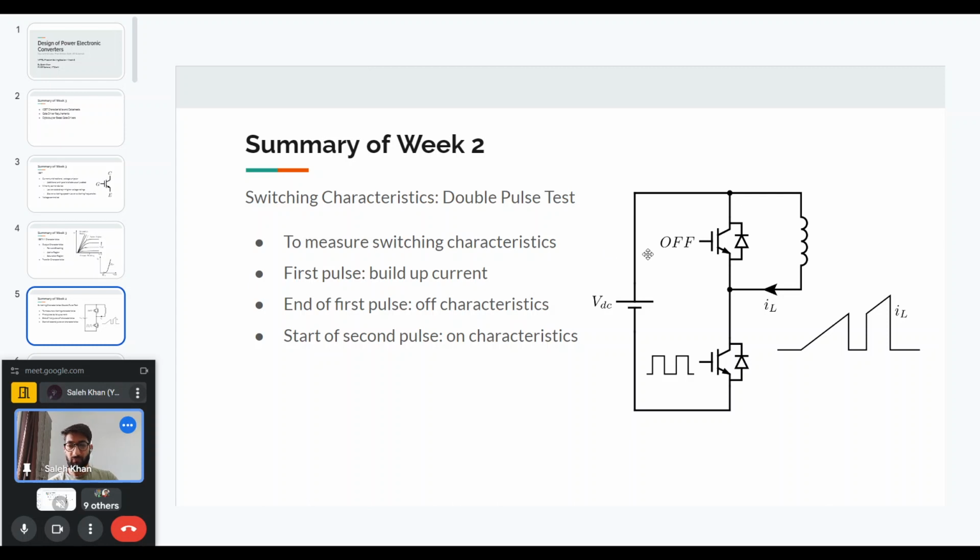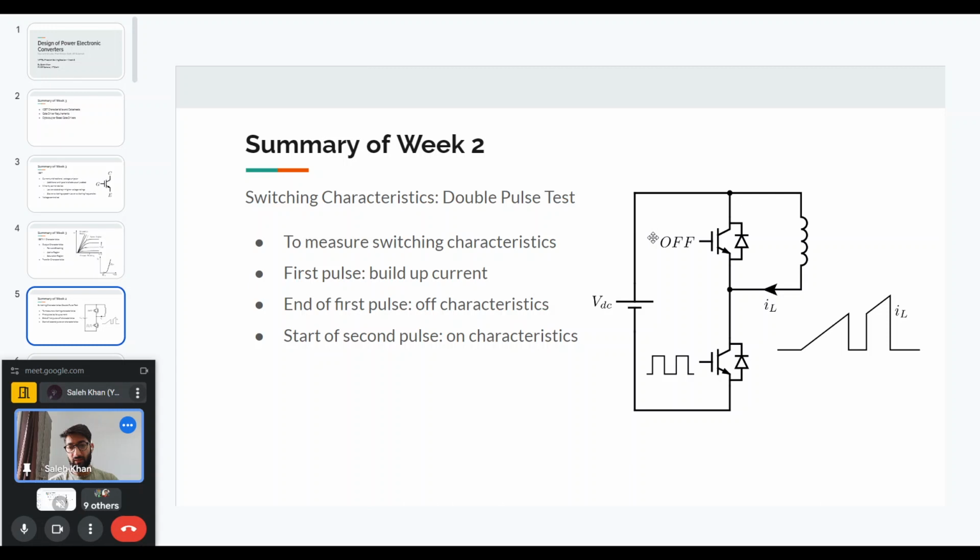And also we have an inductor that is connected across the top device. So we have the voltage of 800 volts. Now let us say we want to get the switching characteristics at a particular current, let's say 50 amperes. So what is done is the top device is kept off.